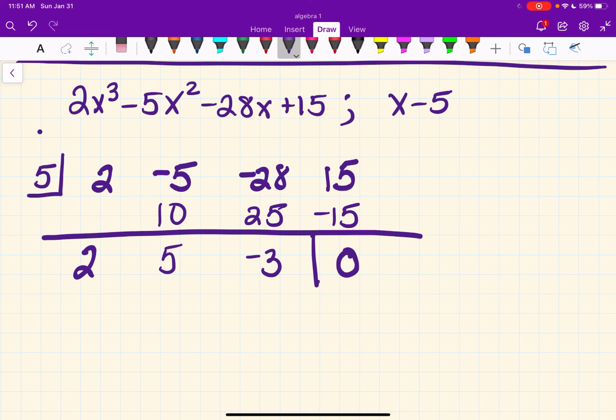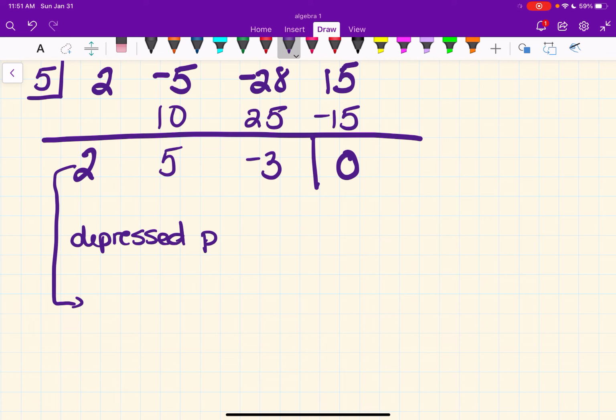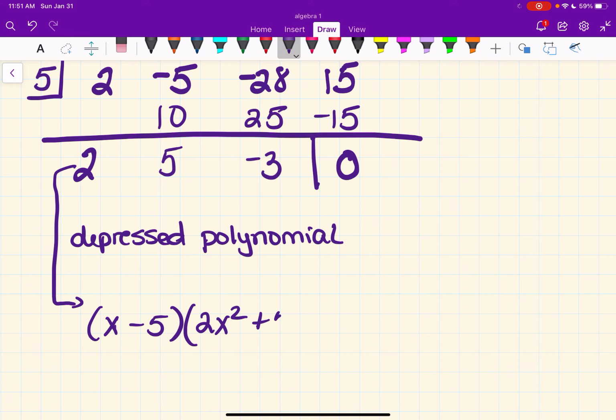Negative 15 and 15 is 0. We've now depressed our polynomial because we already factored out one of its factors. So we took away one of the x's by doing x minus 5, leaving us with 2x squared plus 5x minus 3.